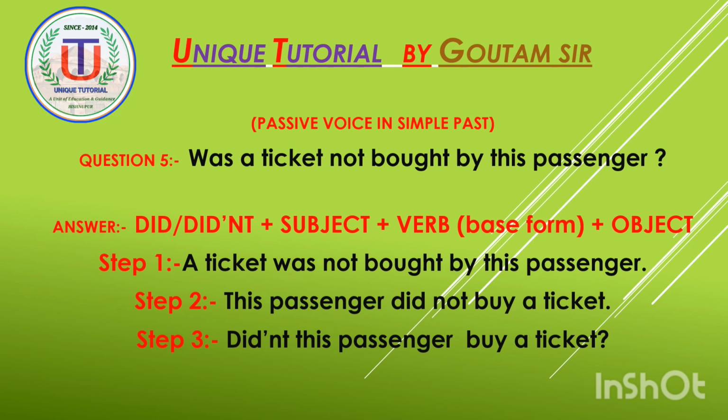In assertive form, it will be, a ticket was not bought by this passenger. Then I have to convert this sentence to active voice. In active voice, it will be, this passenger didn't buy a ticket. So as the sentence is in interrogative form, I have to make it interrogative by putting the auxiliary verb in front of the sentence. So the final answer will be, didn't this passenger buy a ticket?